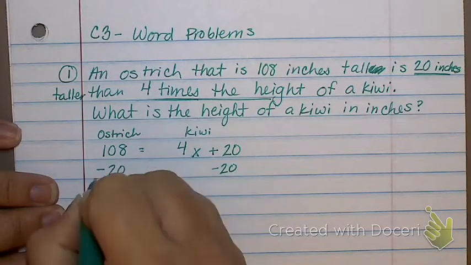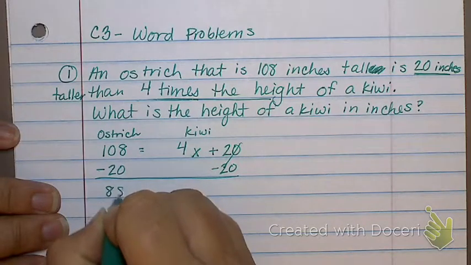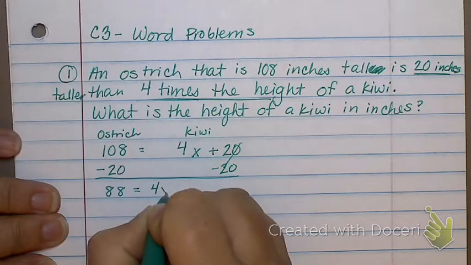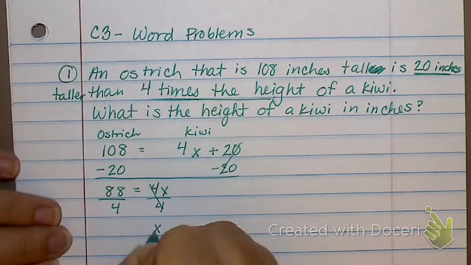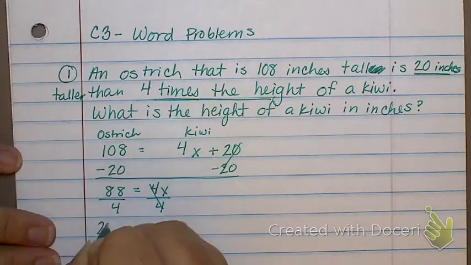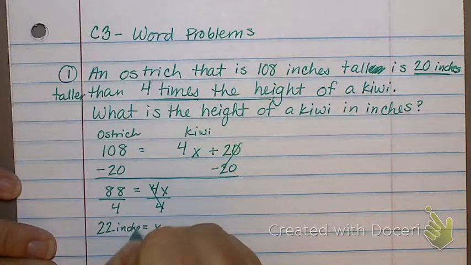Subtract 20 from both sides. 88 equals 4x. Divide by 4. And x equals what? 22 what? Kiwis? 22 inches.